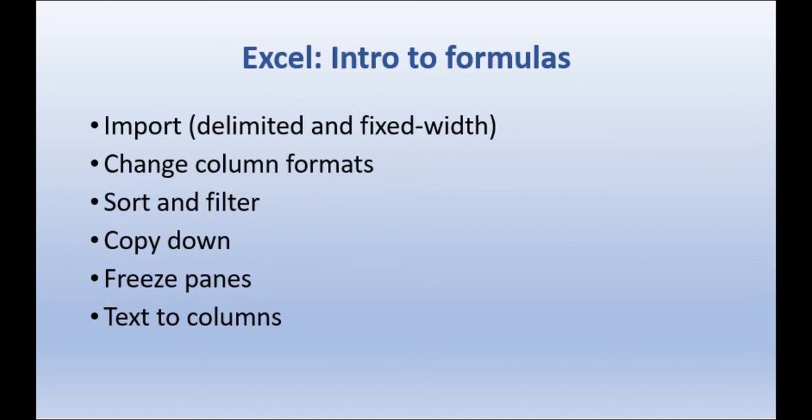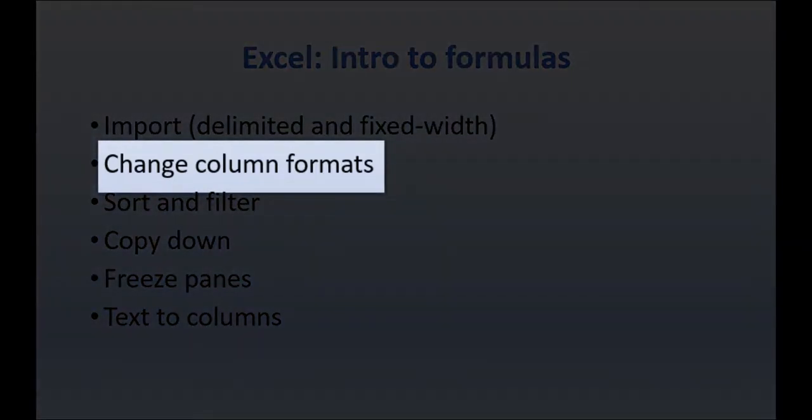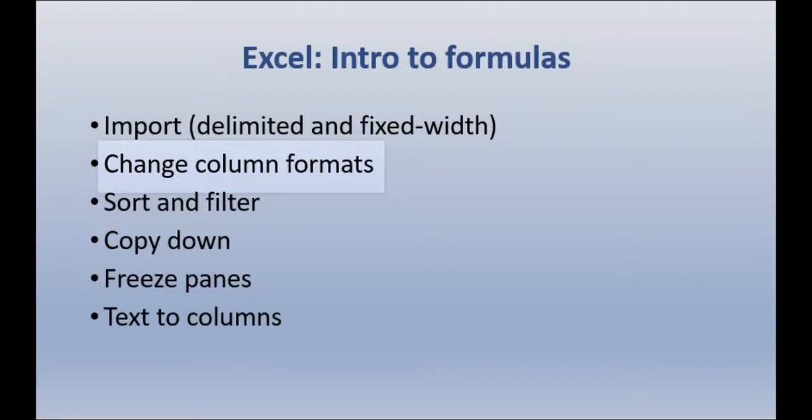And fixed width are the text files where you'll need a record layout to show you where exactly the columns lined up. We also learned that column formats are important. You can't add a column that is based on text or based on a date. You have to change it to numbers or to currency.